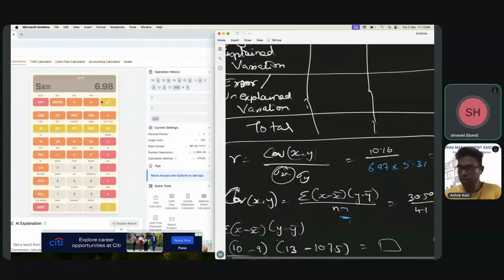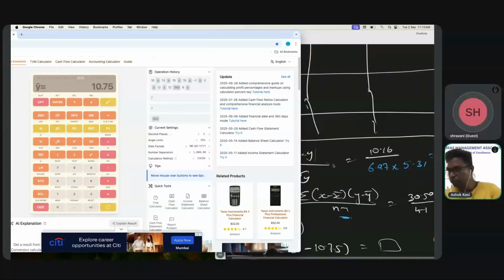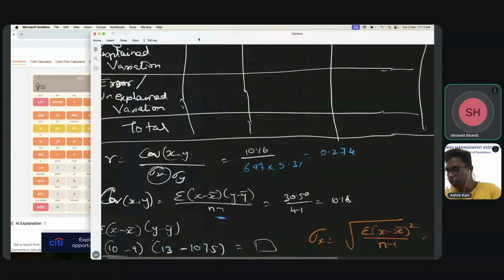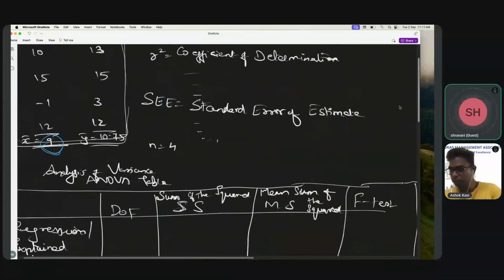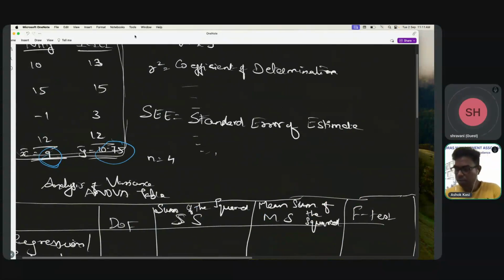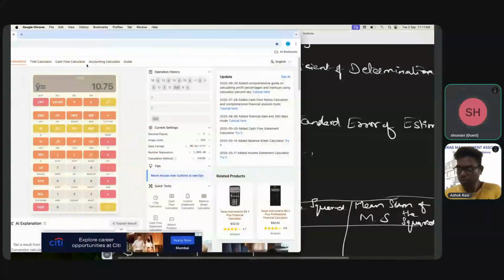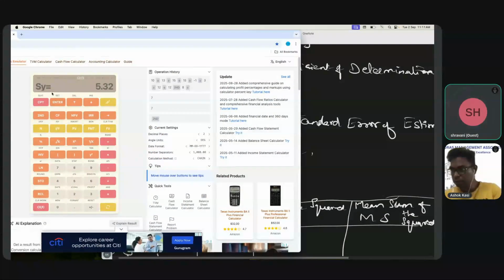Then y bar is 10.75. So that is also right. Then downward arrow. This is standard deviation of y, 5.32.